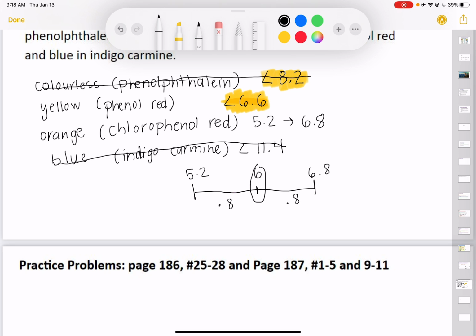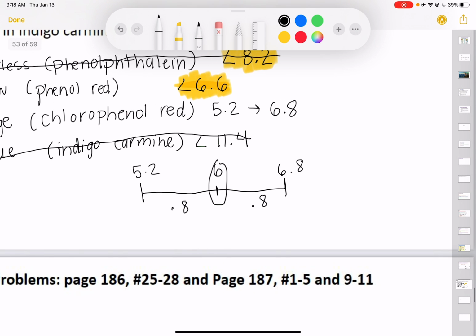And the phenol red is only telling us that it's less than 6.6, which we know because it's in the middle range. So we don't know for sure, but we can probably narrow it down to at least between 6 and 6.6, I'm going to say, because we know that it's less than 6.6, and we know that it's around the orange mark.